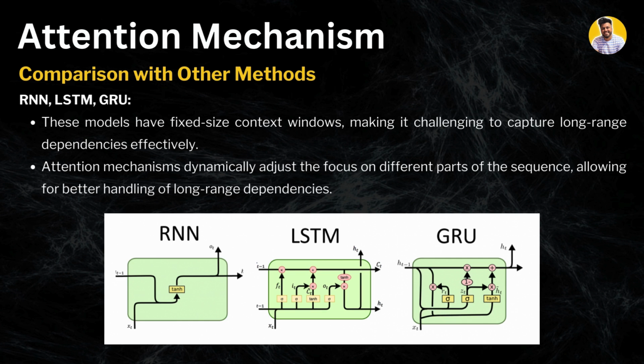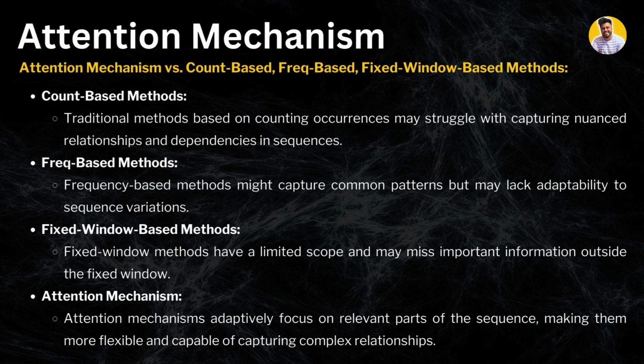If we talk about the comparison between the attention mechanism and other methods, the first is the count based method. These traditional methods, based on counting occurrences of each word, may struggle to capture the semantic meaning and the relationships and dependencies in the sequences. Frequency based methods might not capture common patterns and also lack adaptability to sequence variations.